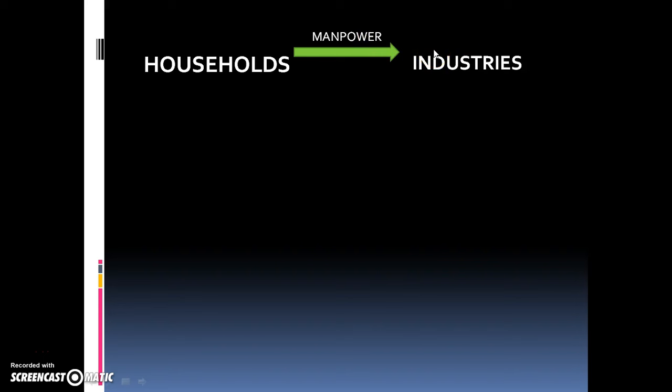You might be seeing that early in the morning, we leave our house for work in different industries, firms, offices, schools, whatsoever. In return from the industries, what we get is money. We get paid for the work we do there. That is the reciprocal interaction that takes place between industries and households.